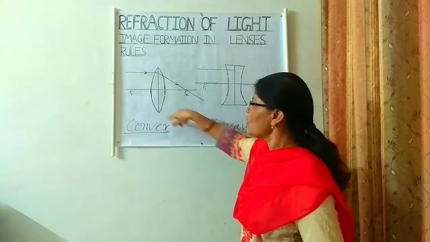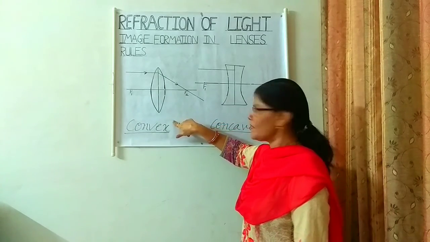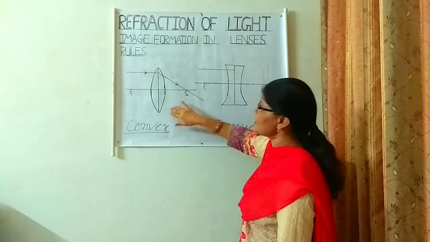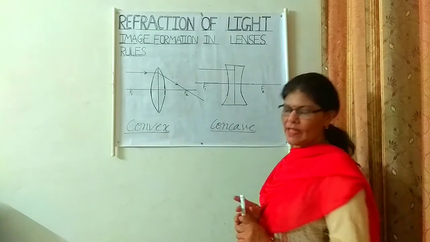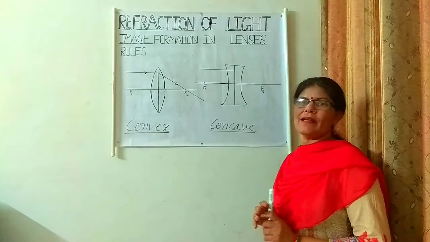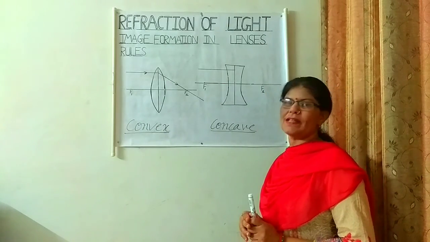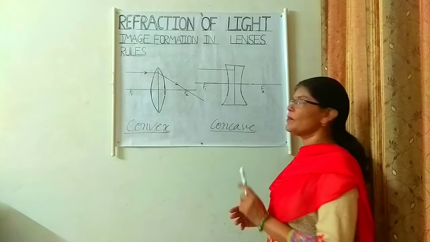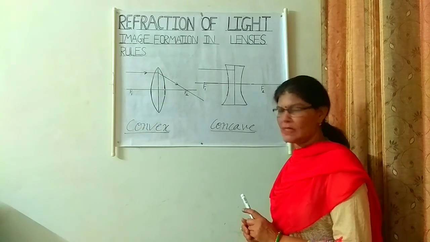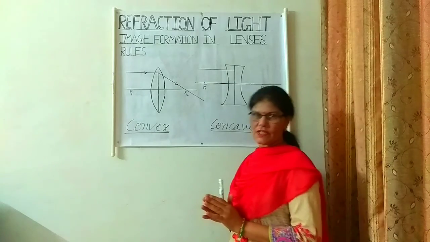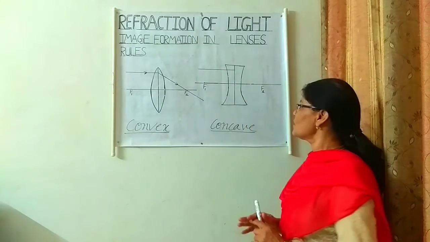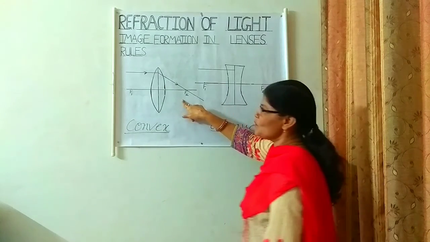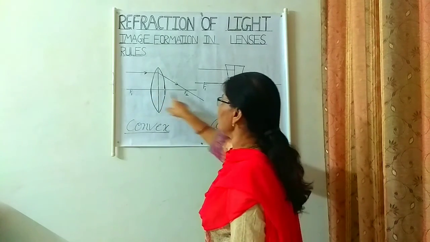We have a convex lens here. This is a convex lens and this is a concave lens. The first rule is the same: when an incident ray is parallel to the principal axis, then the refracted ray will pass through the principal focus. Children, as I told you in the last video, in the case of lenses we have 2 principal focus, one is here and one is here.